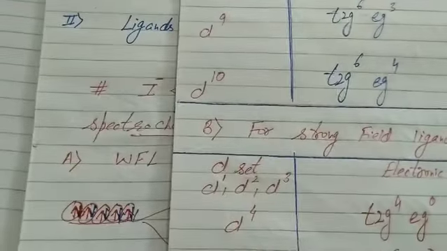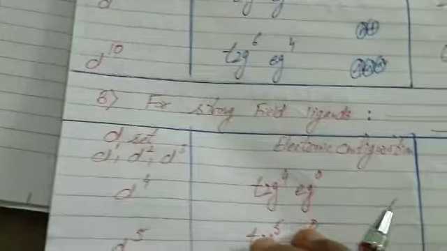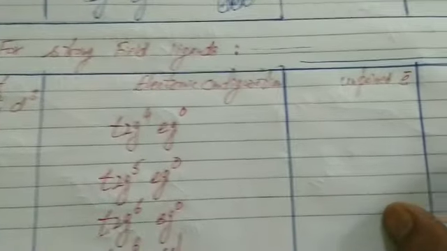Now what will happen for 8, 9 and 10? Same as we study for weak field ligands. The same will happen as we have done for weak field ligands. Now please come here.